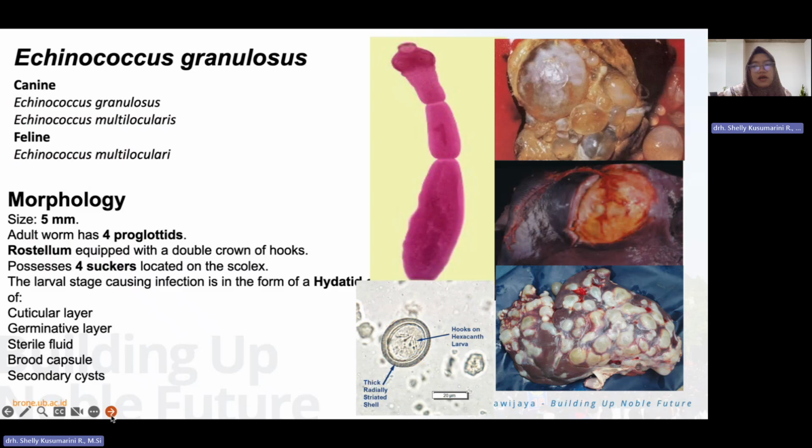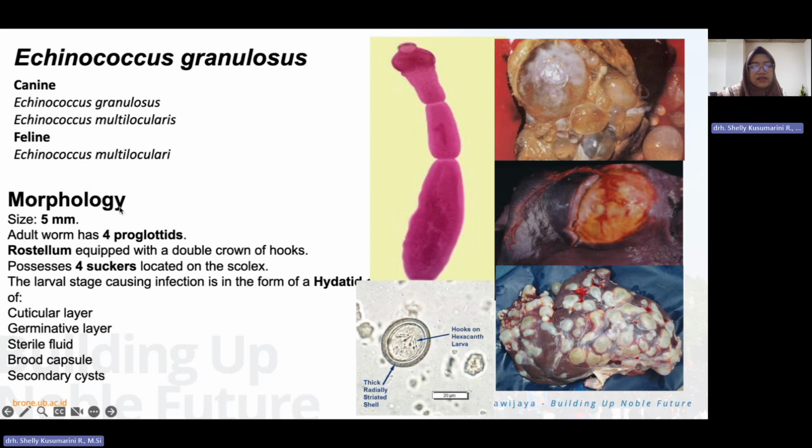Then next, we start to discuss the first species in the class Cestoda, Echinococcus granulosus. Echinococcus has its definitive host in canines and felines, and we study two species, Echinococcus granulosus and also multilocularis.